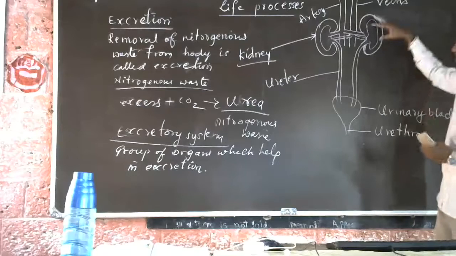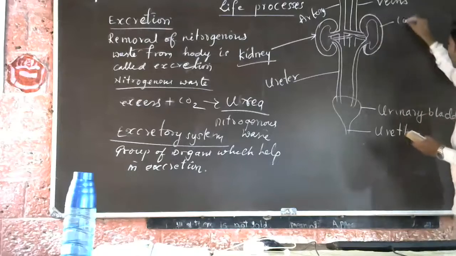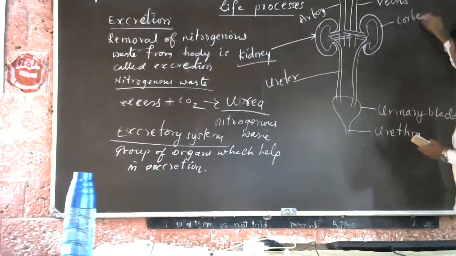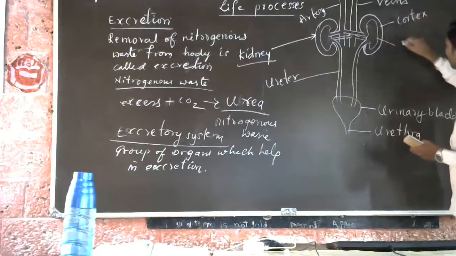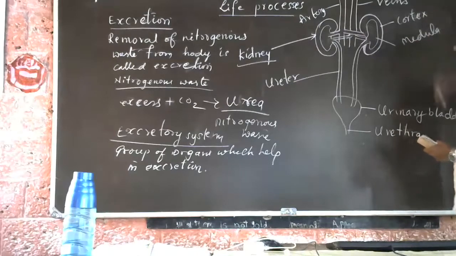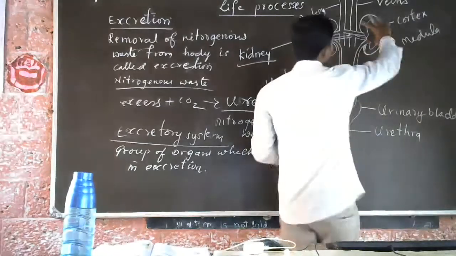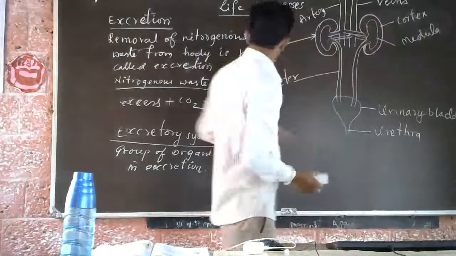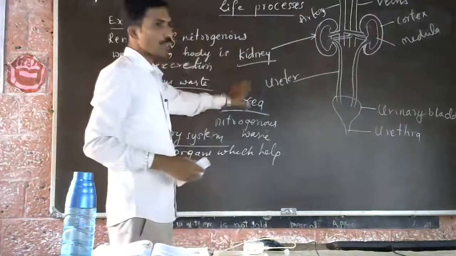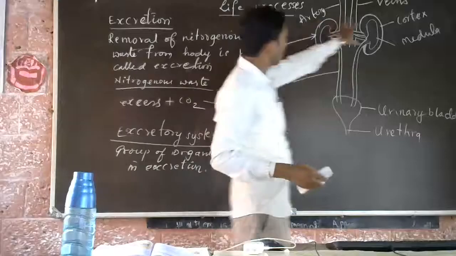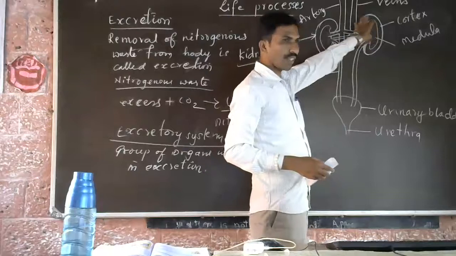The kidney has two parts. This is called the cortex part, and this is called the medulla part. Whatever urea is produced in the liver is carried to the excretory system.